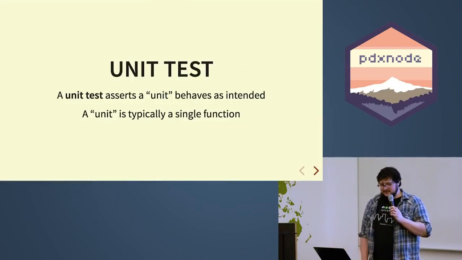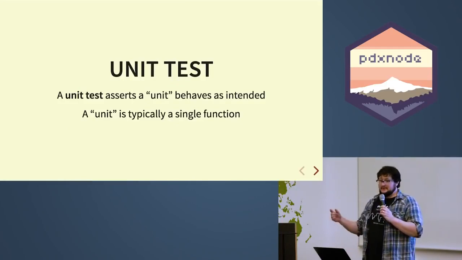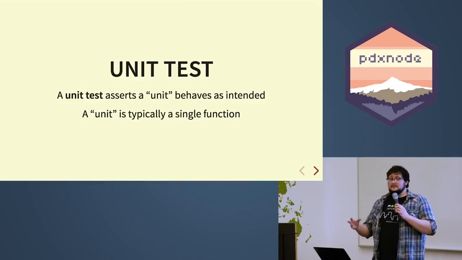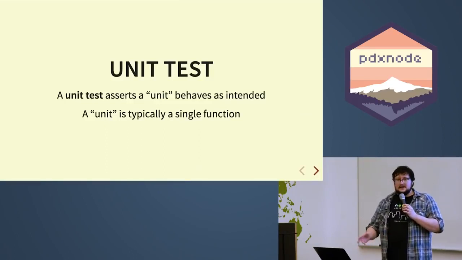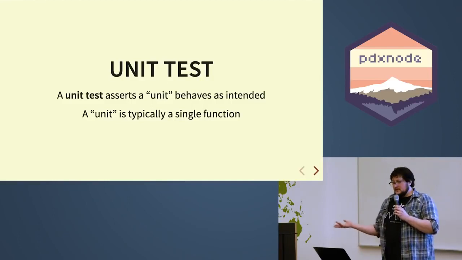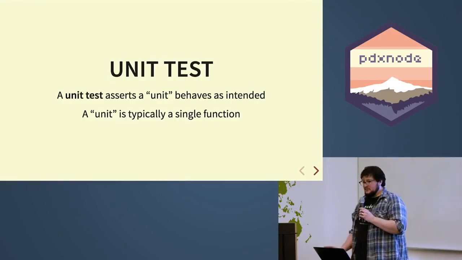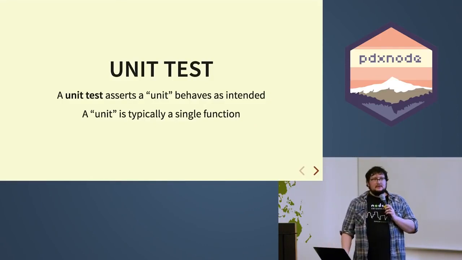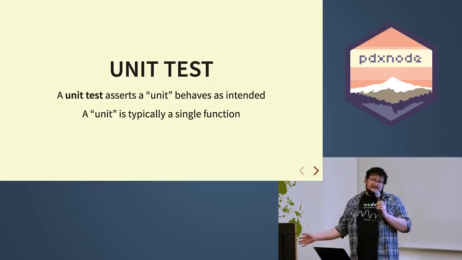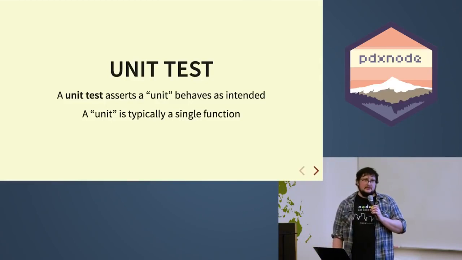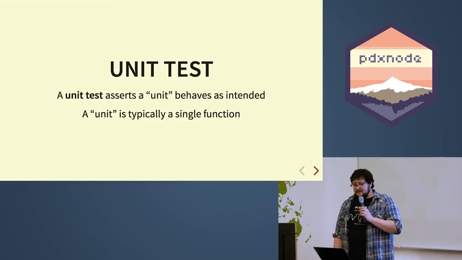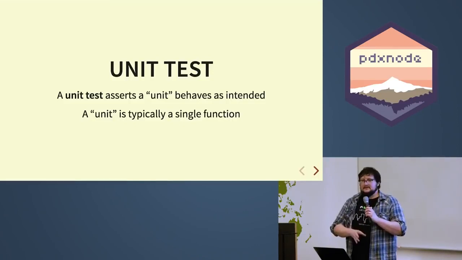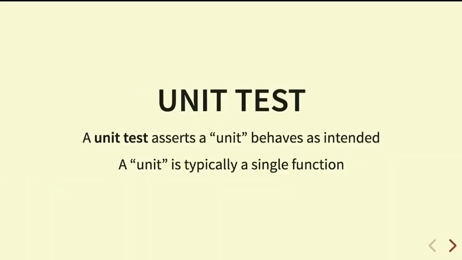Call it add, and you pass it 2 and 2. Your unit test is going to execute that function, and then make an assertion that the function returned 4. That's one way. If your unit just does some side effects, and we'll see that in a minute, like maybe it modifies some application state, your unit test is going to execute your function, and then make an assertion about the state of the application.